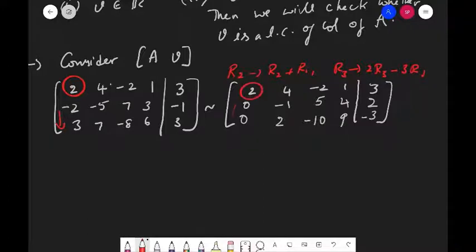This is a pivot, these are already zeros, this is a pivot, this we have to make 0. So the next one is for R3, R3 plus 2 R2.